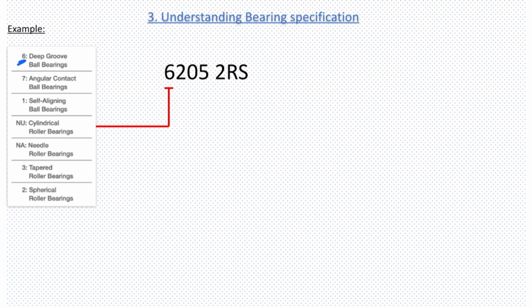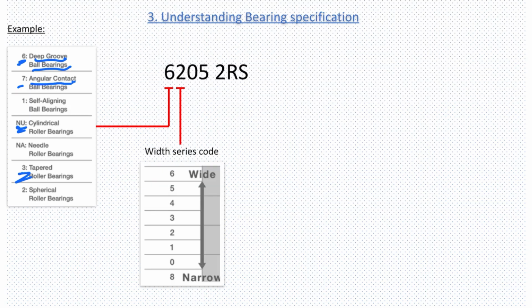The description of each number is also given here. If it is 6, then it is a deep groove ball bearing, and if it is 7, it is an angular contact bearing, and similarly every other bearing is denoted starting with a number or letters, like NU for cylindrical roller bearing. It starts with 3 for taper roller bearing, like that.